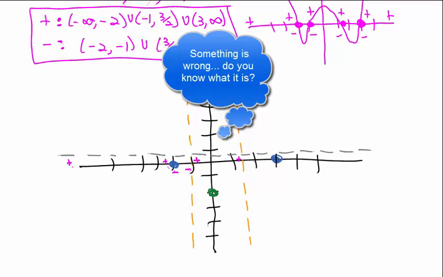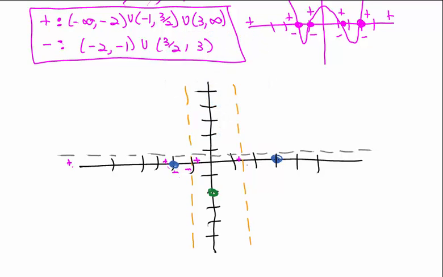Then from 3/2 to 3, we're going to be negative, and then positive again from there to infinity. Which makes me look at an interesting point here. Our y-intercept is -2. But yet we're supposed to be positive in this range. That's not going to work. So let's go back and check our work and see what happened there.